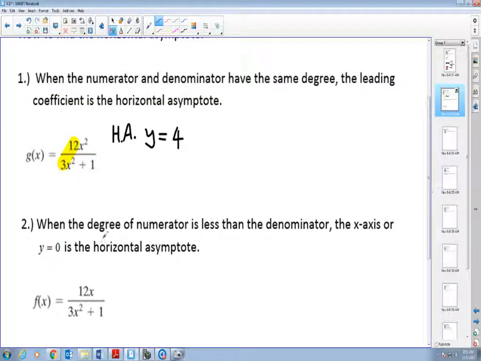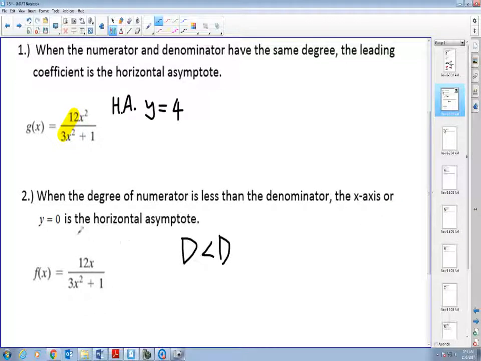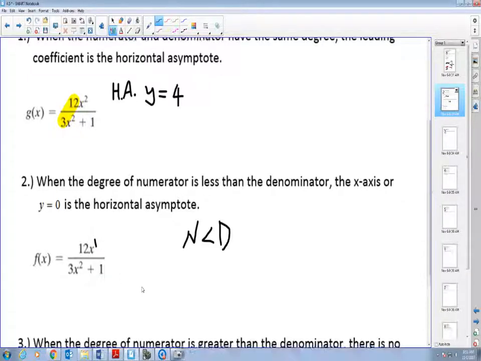Alright. When the degree of the numerator is less than the degree of the denominator, then the x-axis, which is the same thing as y equal to 0, is the horizontal asymptote. We mentioned this back when we were talking about polynomial inequality. Y equal to 0 means what's on the x-axis. In this example, the degree of the numerator is 1, the bottom is 2.